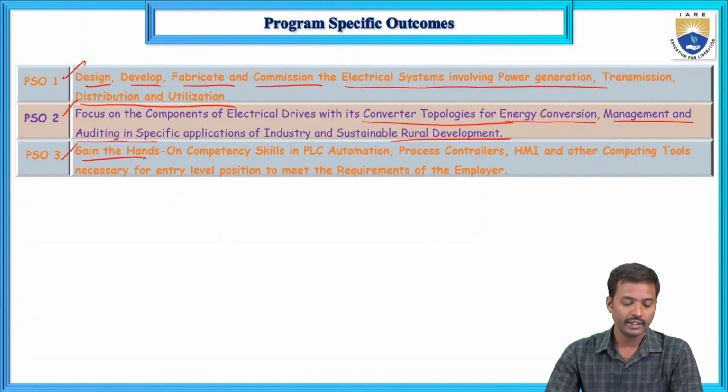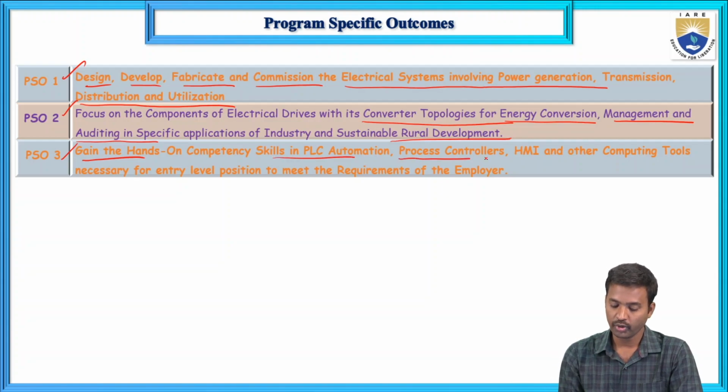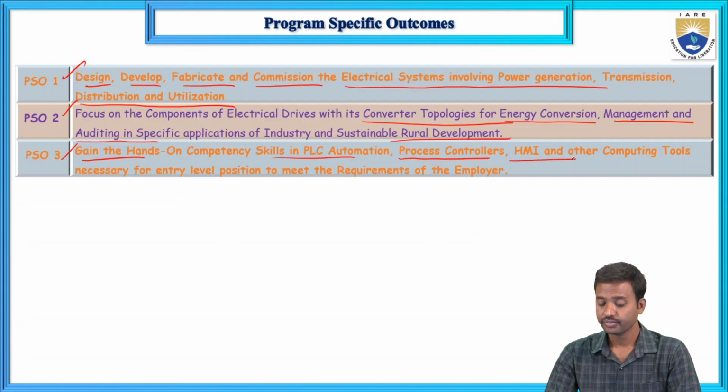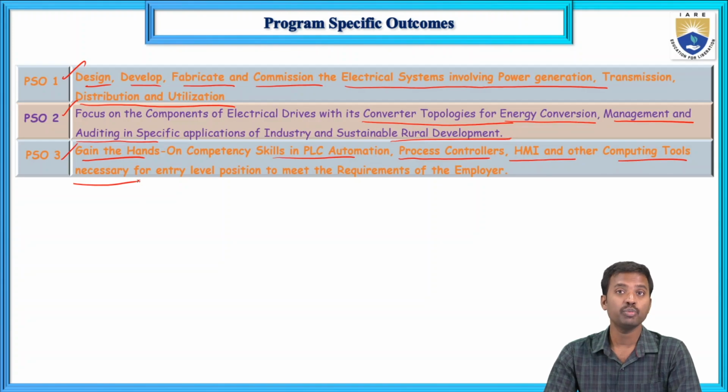And next, gain hands-on competency skills in PLC automation, process controllers, HMI, and other computing tools necessary for an entry level position to meet the requirements of the employer.